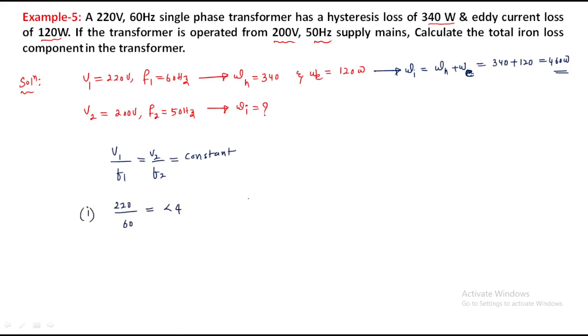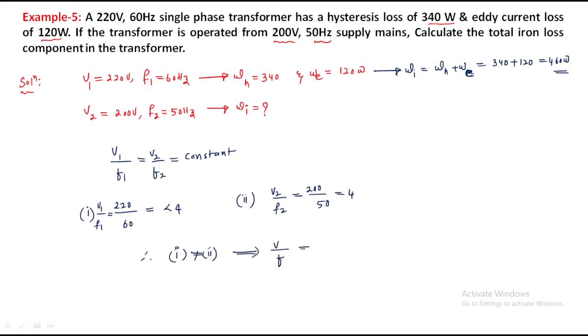First. Second, what is V2? V2 by F2 equals, here we can write, V1 by F1. V2 by F2 is what? 200 by 50, which equals 4. So, therefore, the two ratios are not equal. From this, what is the condition?